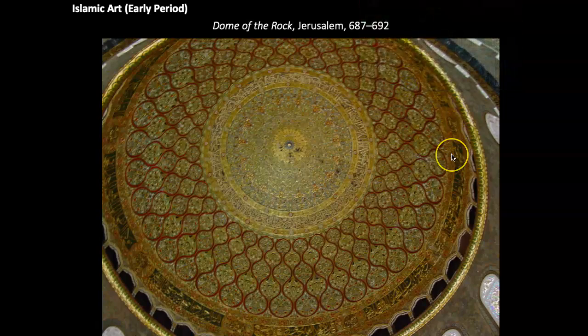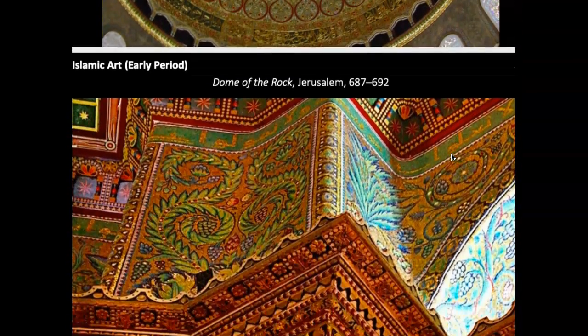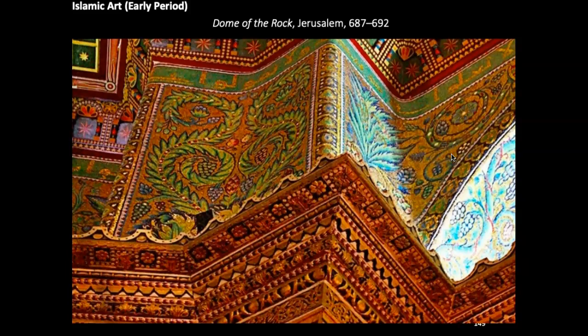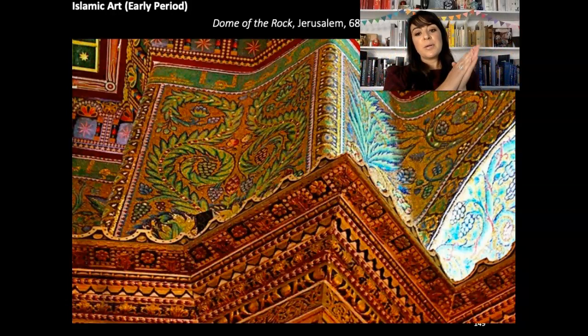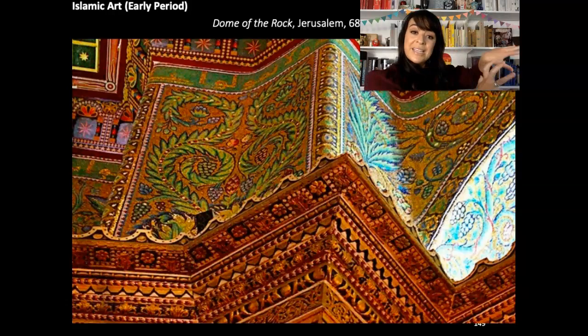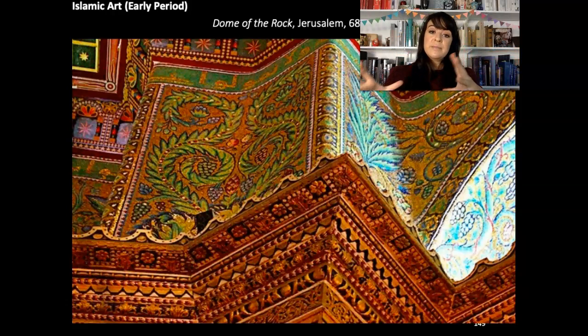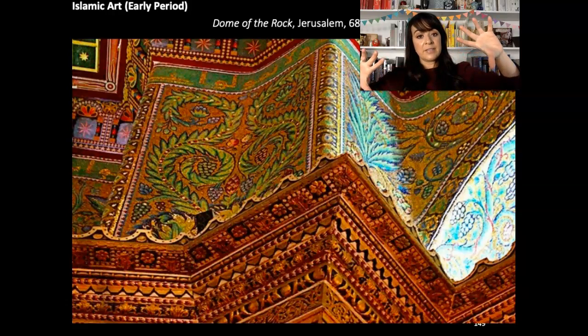Oh, wow. I love this detail here because not only do you see the promise of the fruits and vegetation of heaven, but I want you to notice these geometric patterns and rosettes, because these are elements that we see in Persian art. Persia, which is to the east of Jerusalem, to the east of this blossoming Islamic civilization.